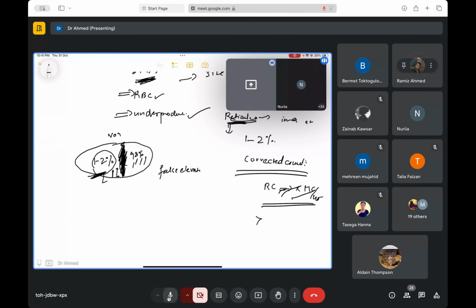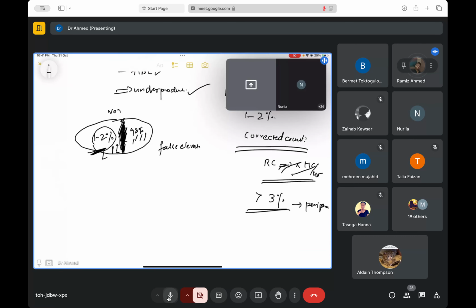If the corrected count is greater than 3%, it would indicate that your bone marrow is good, it's producing a good amount of reticulocytes, so it suggests there is some peripheral destruction. If it's less than 3%, it indicates that there is some problem going on with your bone marrow, so there is underproduction.